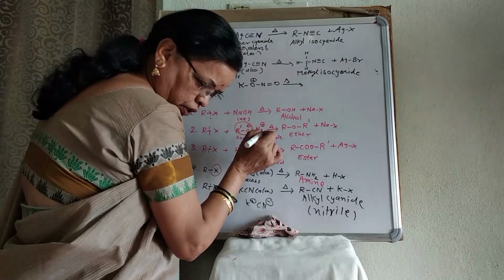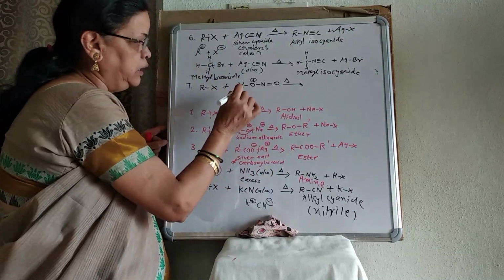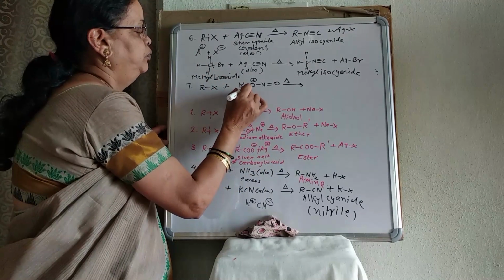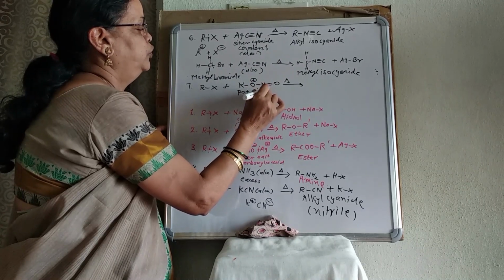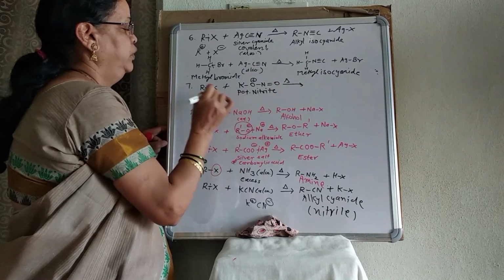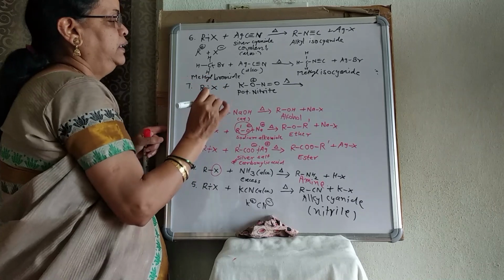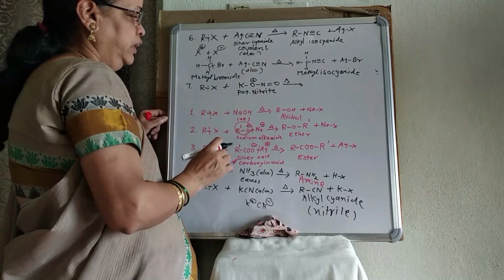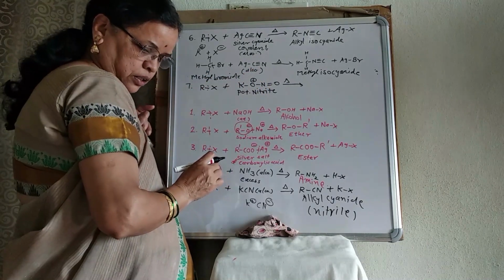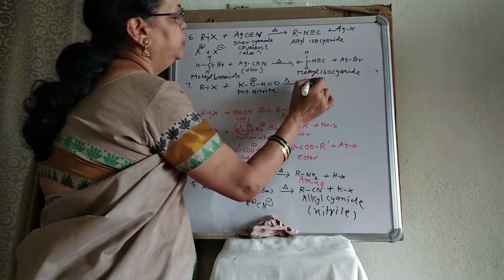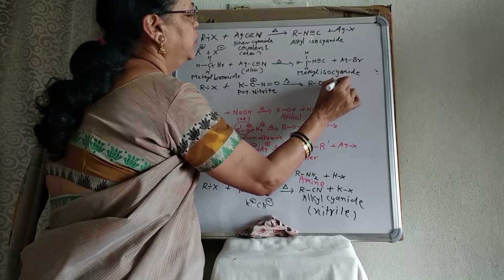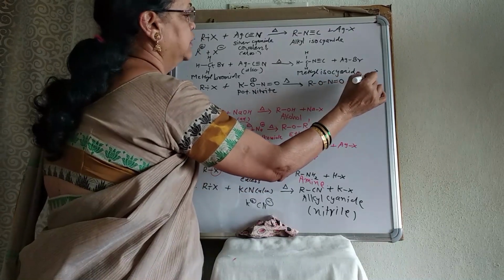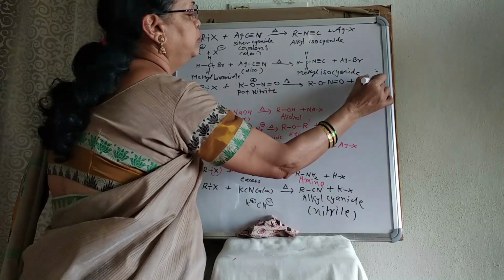It is called potassium nitrite, a nitrogen-containing compound. Replacement takes place, and instead of direct N attachment, R-O-N double bond O is formed, with KX as the byproduct.